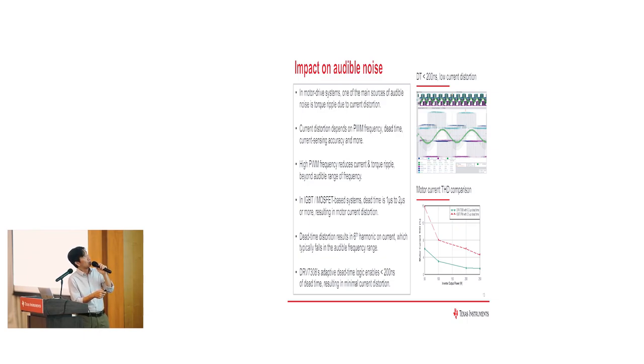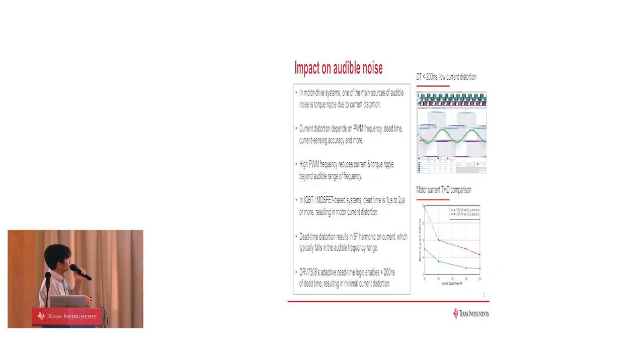In a motor drive system, the main source of audible noise is the torque ripple from the current distortion. Just now we talked about how the propagation delay and the dead time can create current distortion, and that distortion will create the audible noise. How distorted the current is depends on the PWM frequency, the dead time, and the current sense accuracy.